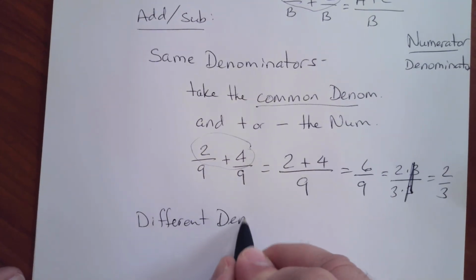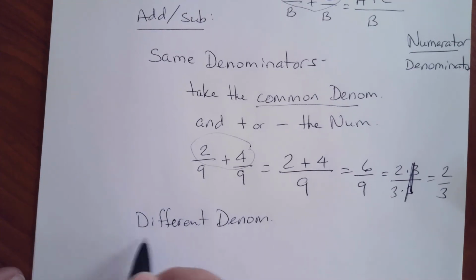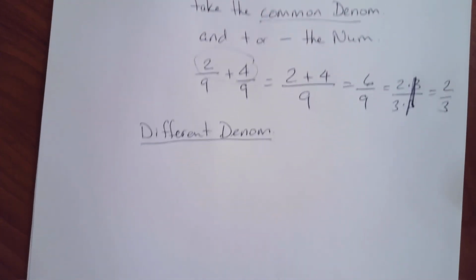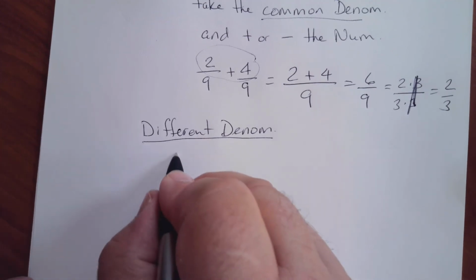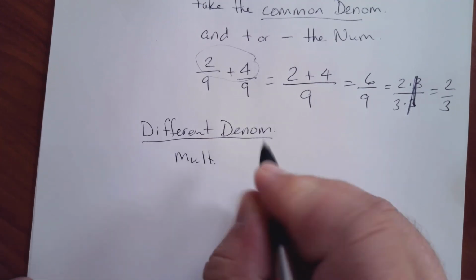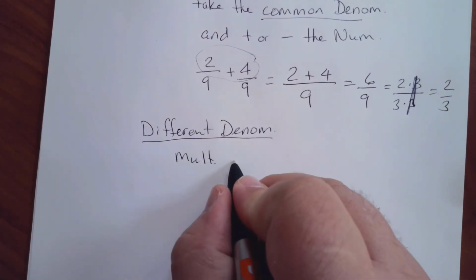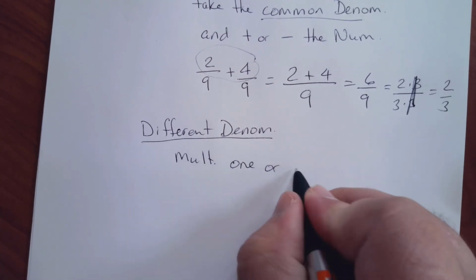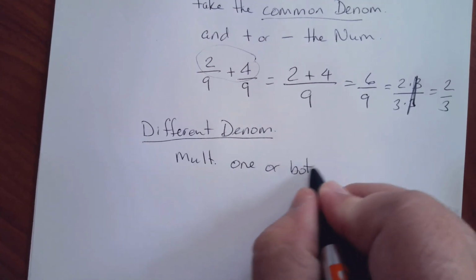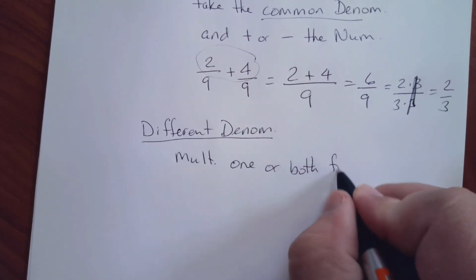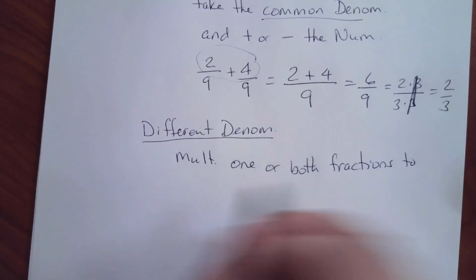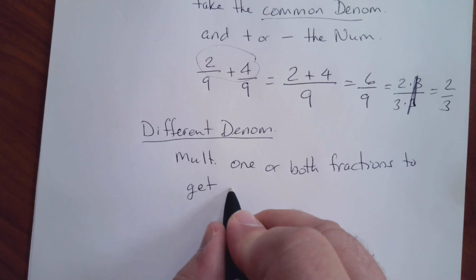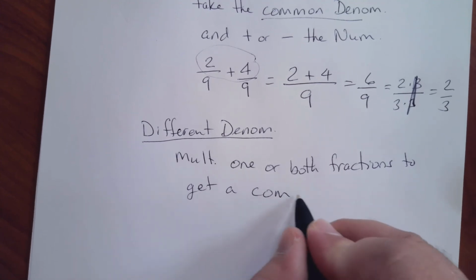If we have different denominators, multiply one or both fractions to get a common denominator.